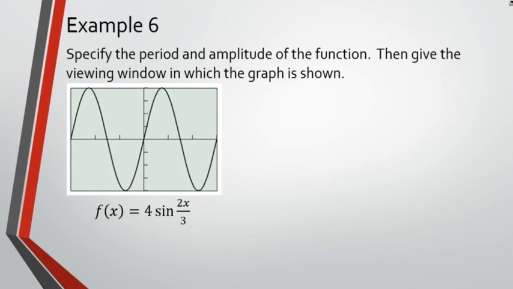So first, let's do another example where they ask you for the period and the amplitude. So the period we talked about yesterday comes from doing the value 2 pi divided by b. Now in this case, my b value is the fraction 2/3.